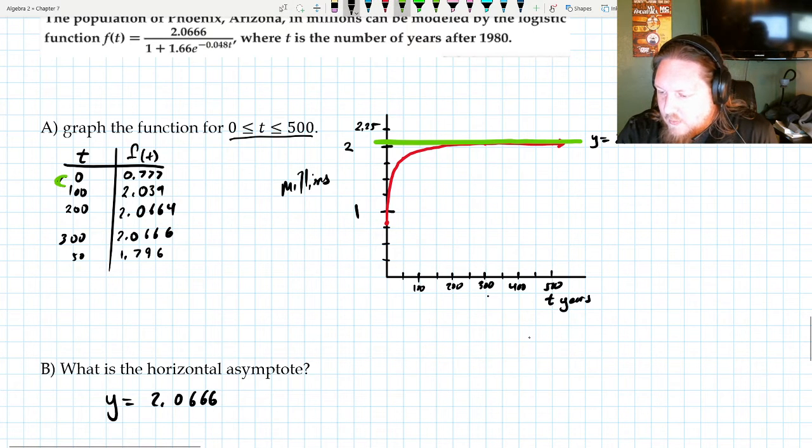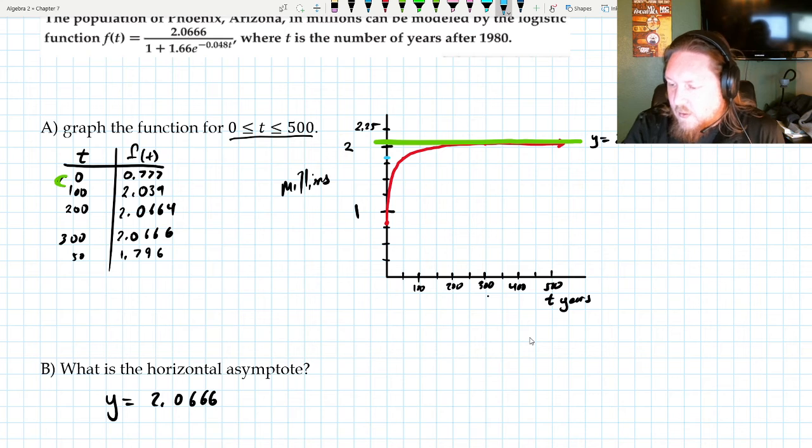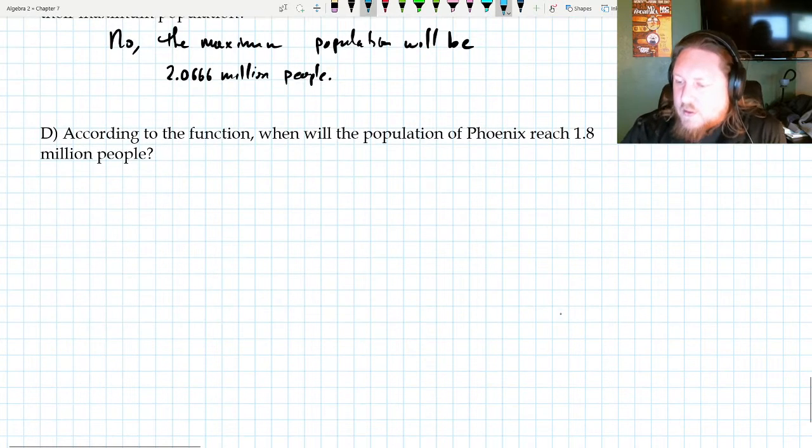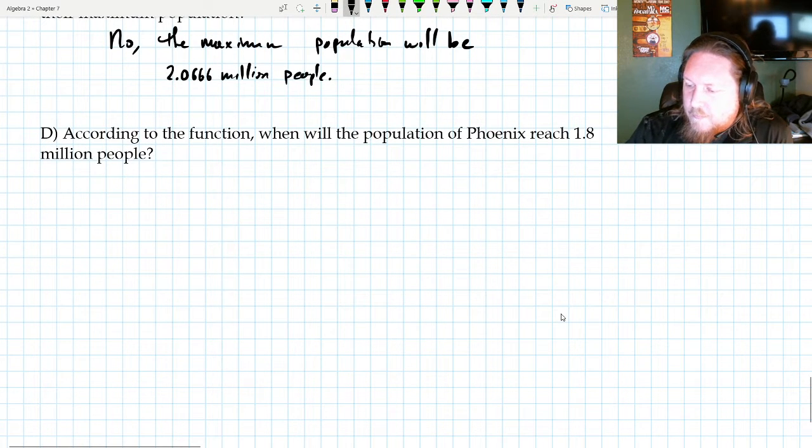And I take a look here, and I'm going to do this in blue. 1.8, so this is 1.25, 1.5, 1.75, so a little bit above right there. So I'm going to bring it over, and it looks like, well, oh, shoot, we already actually kind of figured it out. It looks like it's going to be about 50 years. So I could say down here, when does it look like it's going to reach a population of 1.8 million people?